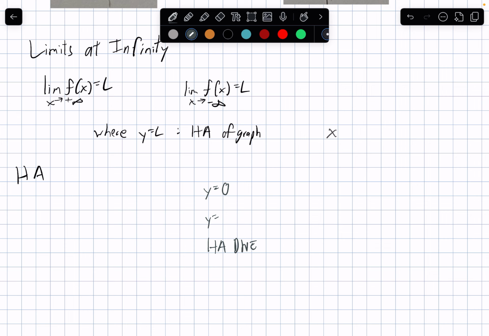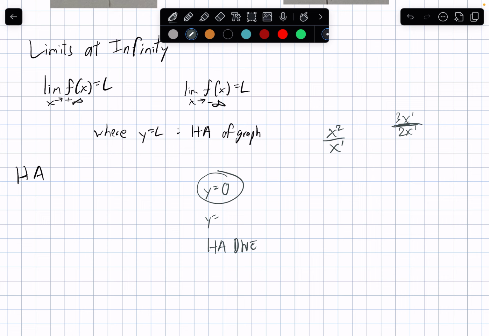Let's say x squared over x. How would you know the horizontal asymptote of x squared over x? Since the degree in the numerator is greater than that of the denominator, y is 0 basically. And let's say the degree of the numerator and the denominator is the same, both raised to 1.